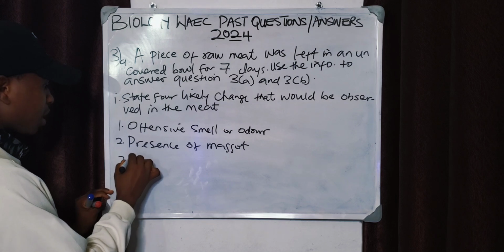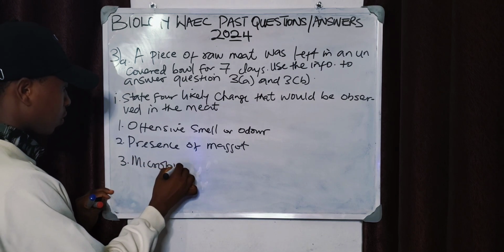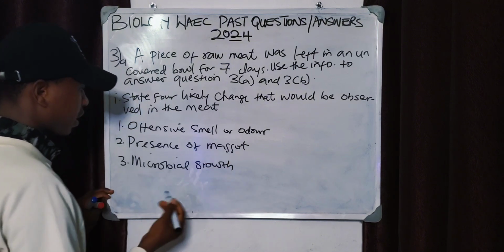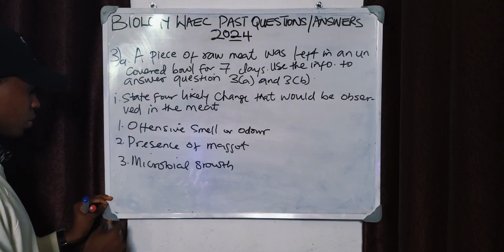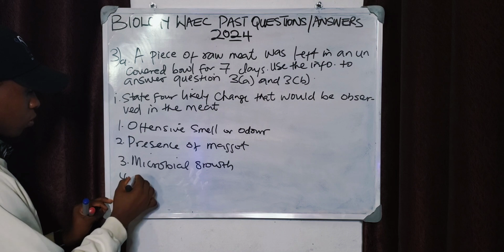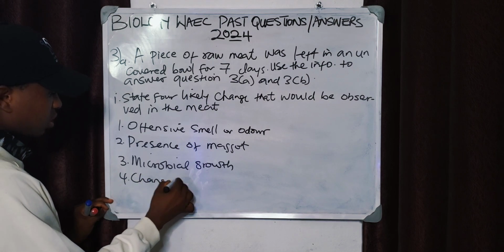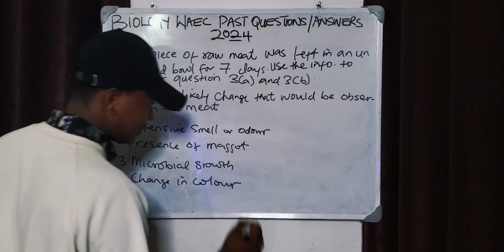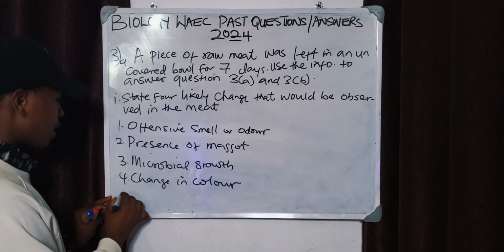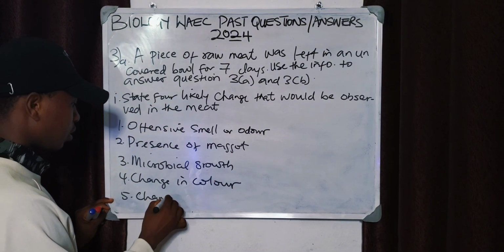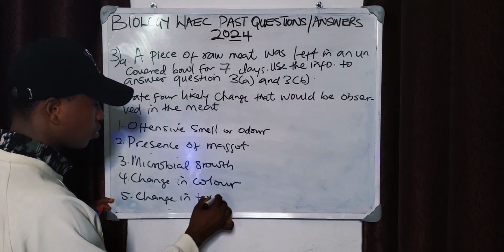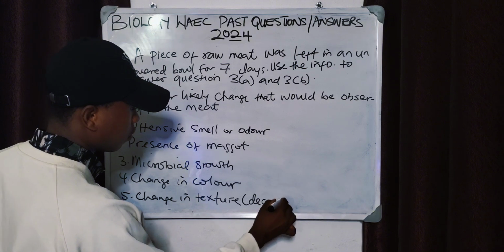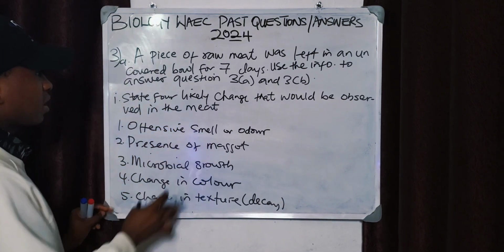Three, microbial growth; you'll find some microbes growing on the meat. Number four, change in color of the meat, and change in texture. The meat must have decayed. So that's the answer for that question.